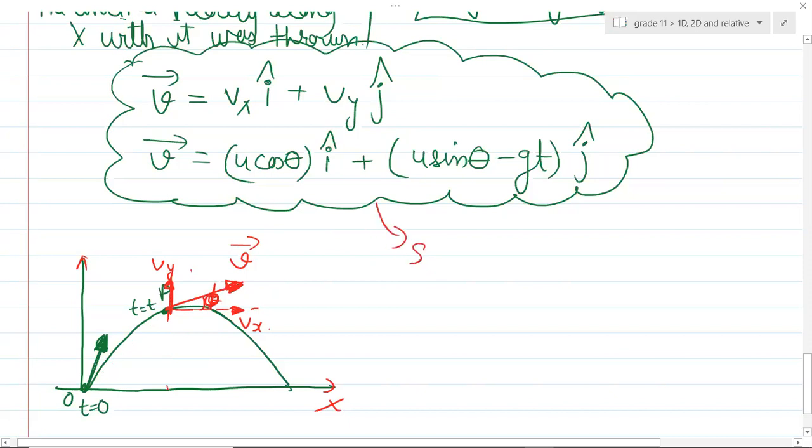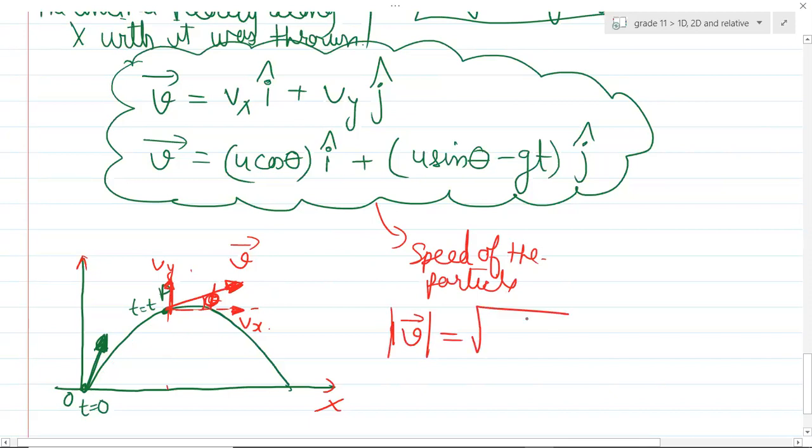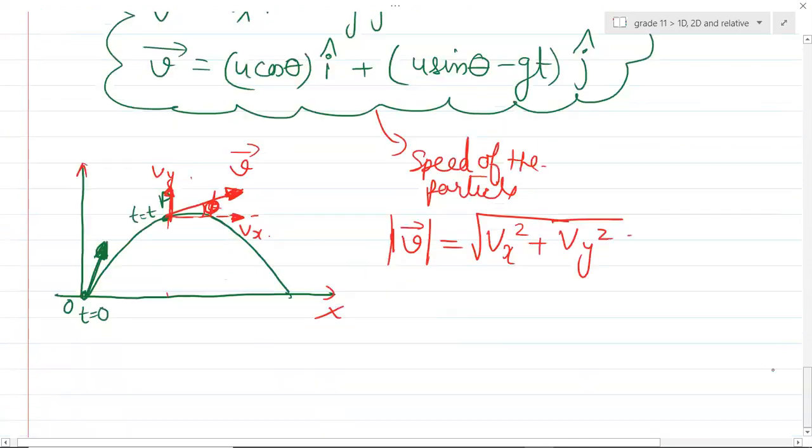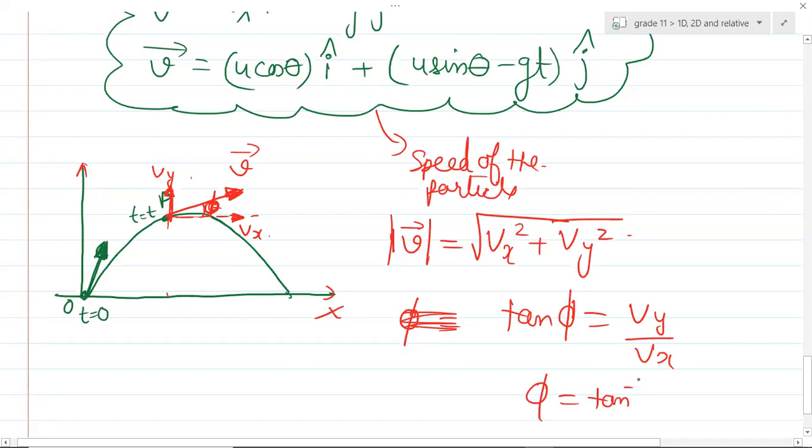If someone asks you what is the speed of the particle, the speed of the particle is given by the magnitude of velocity. The magnitude of velocity will be equal to the square root of Vx squared plus Vy squared, right? You know Vx, you know Vy, just give the magnitude. And what about the angle phi? Phi will be given by tan phi equals Vy upon Vx. So phi is basically tan inverse. Don't worry, I think you'll be studying inverse trigonometry very soon.